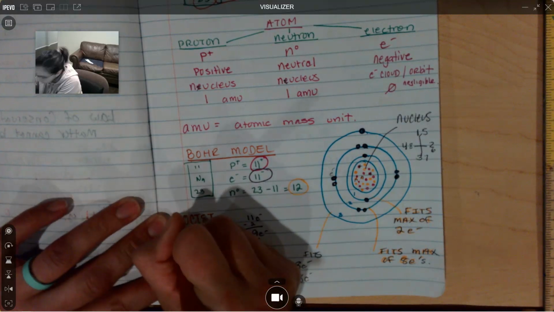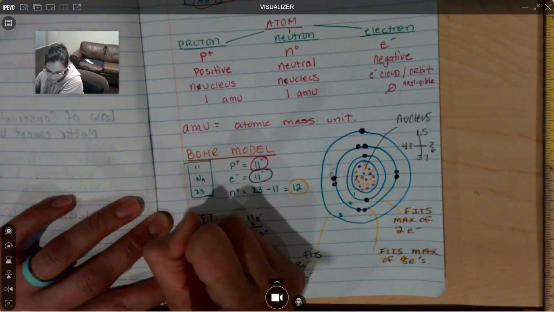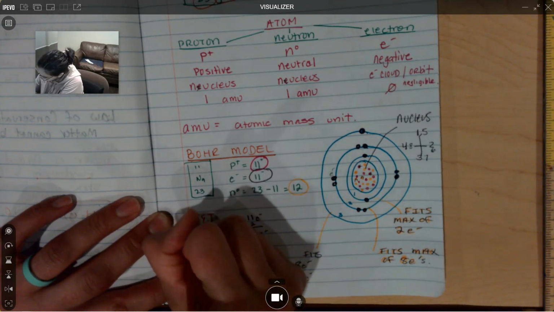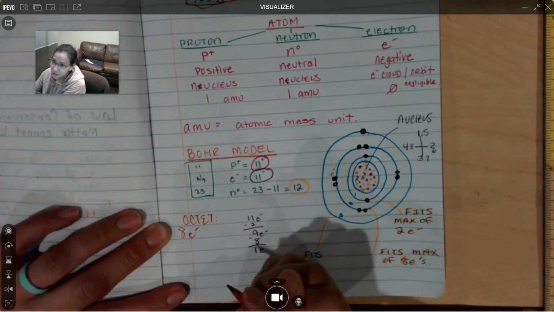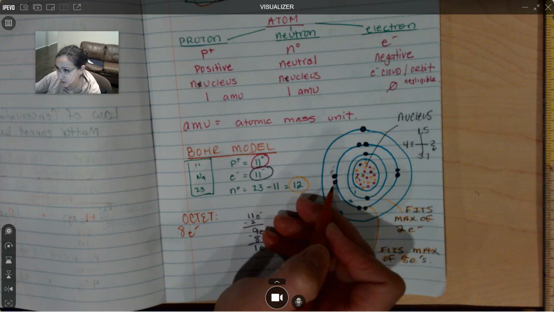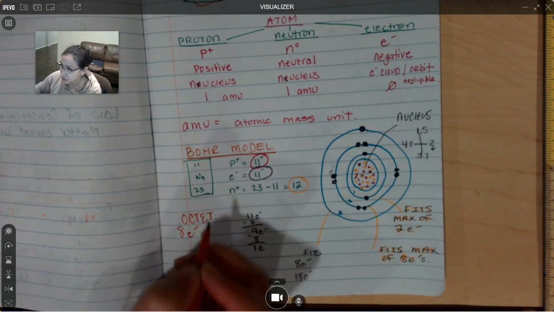Octet means it has 8 electrons in it. However, this one is an inner shell. This is considered an inner shell in this example. So octet means 8 electrons.